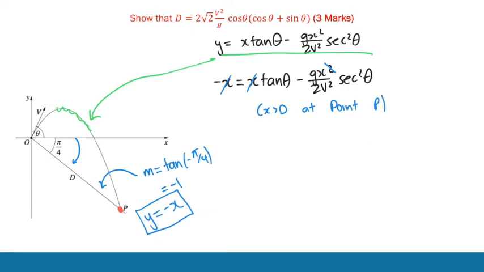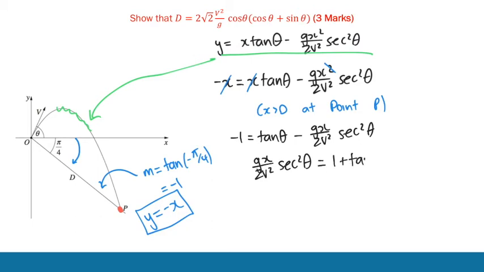That makes the rearranging infinitely easier because we just have -1 equals tan theta minus gx on 2v squared sec squared theta. And from that, all we do is do a bit of rearranging. So we'll get gx on 2v squared sec squared theta is equal to 1 plus tan theta.